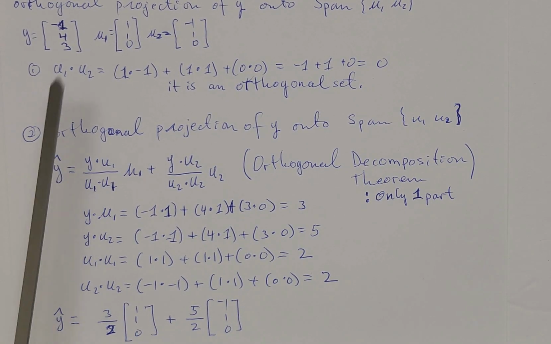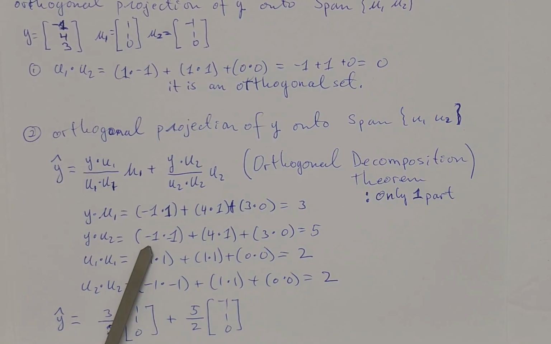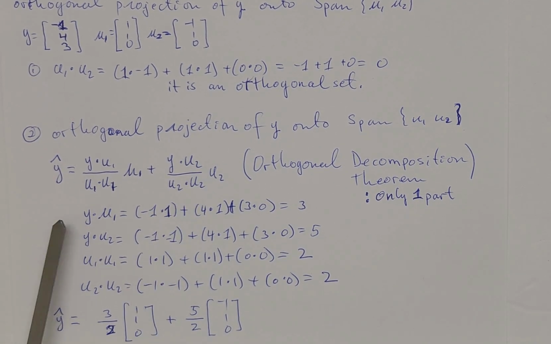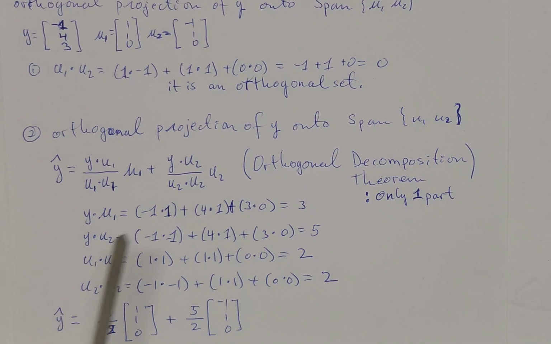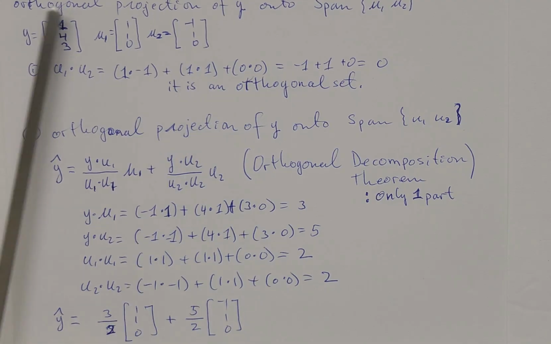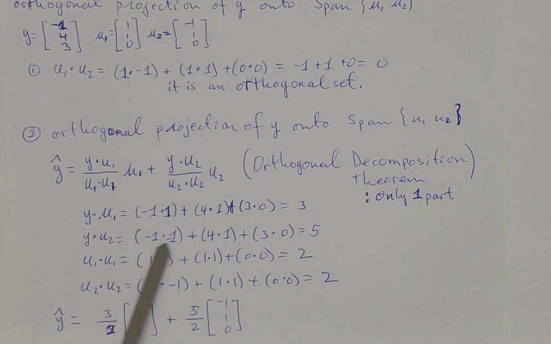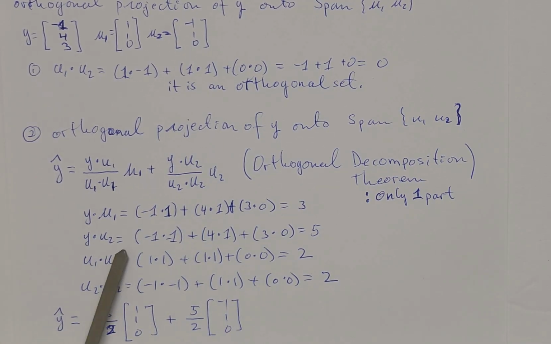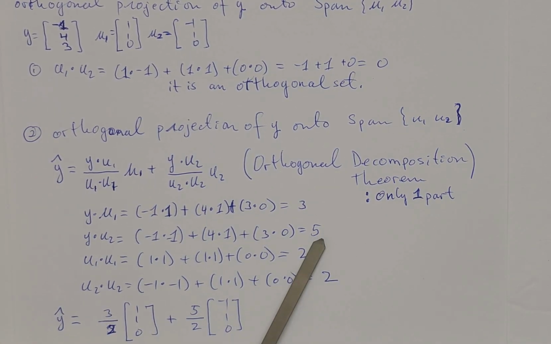Then Y times U2: -1 times -1, 4 times 1, 3 times 0, and then simplify, comes out to be 5.